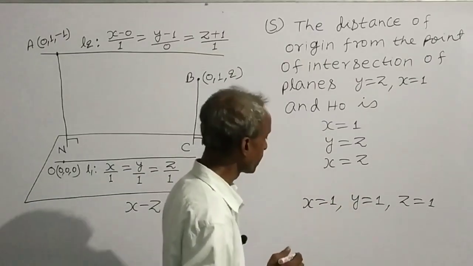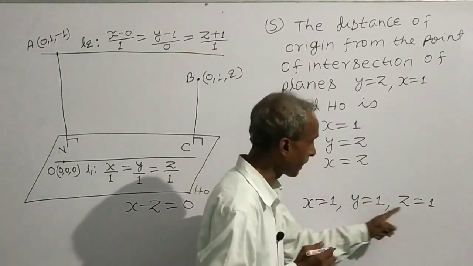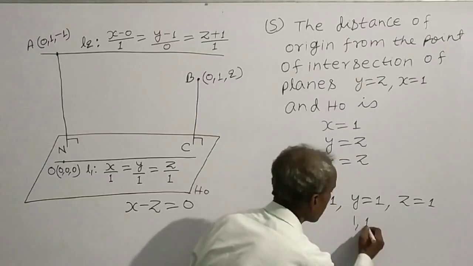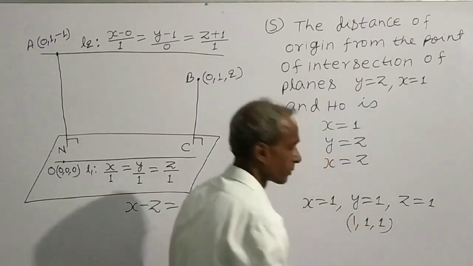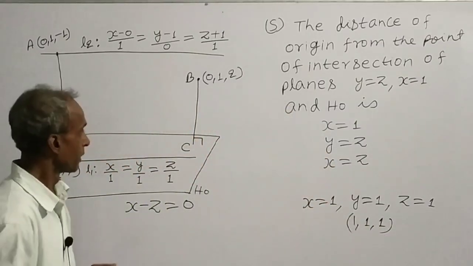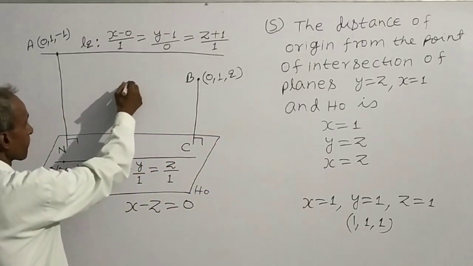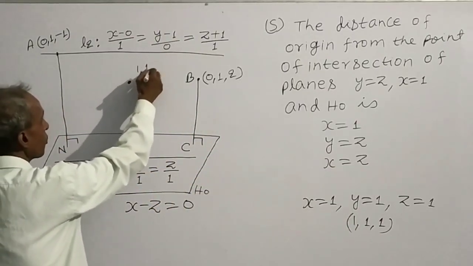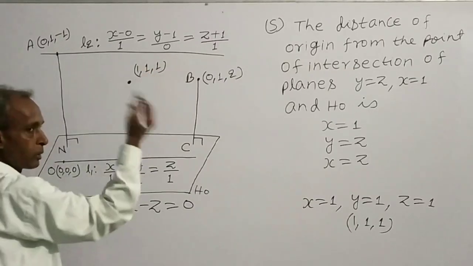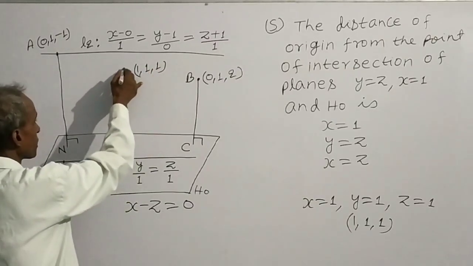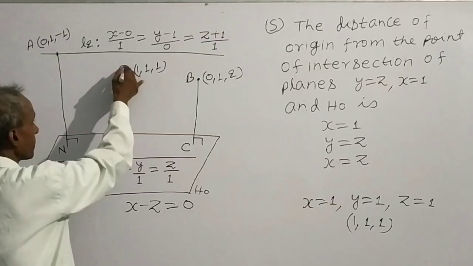Therefore, the point of intersection is 1, 1, 1. We suppose this point 1, 1, 1 is here, and we also suppose this point is D.